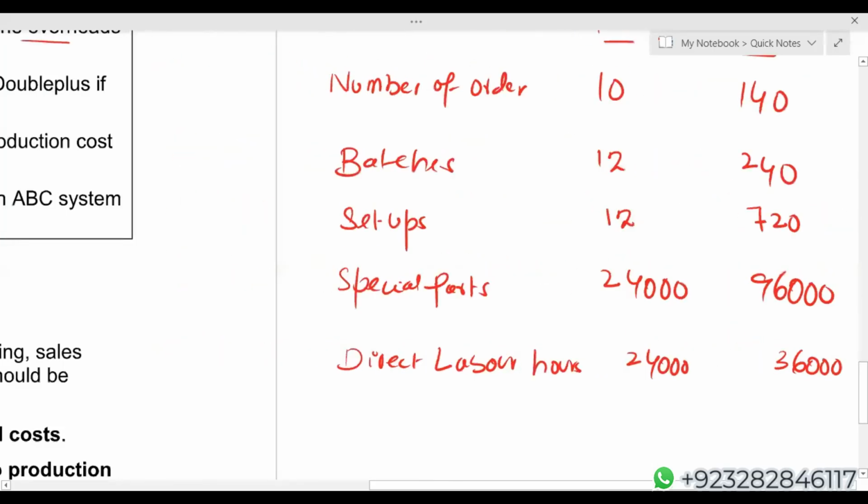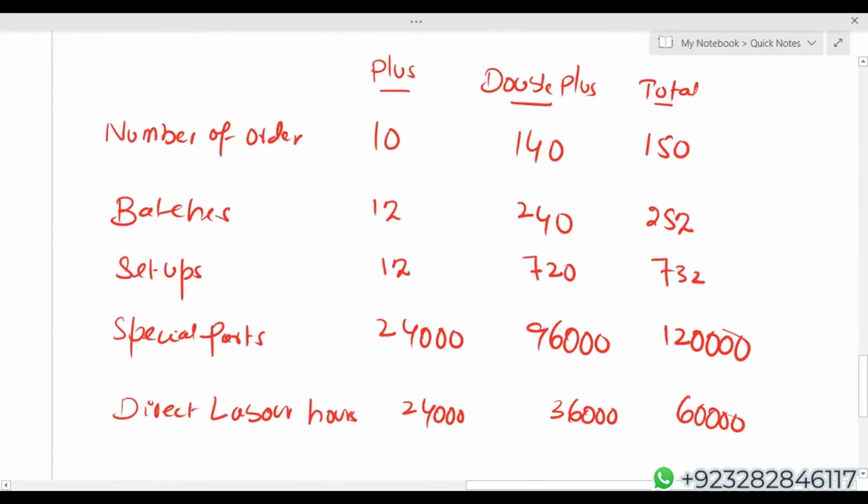Now we have calculated totals for the number of orders, batches, setups, special parts, and labor hours. Now we have to calculate the overhead absorption rate under ABC. Under ABC, for each activity, we'll be calculating a separate overhead absorption rate.